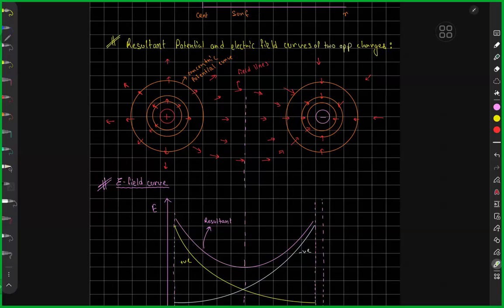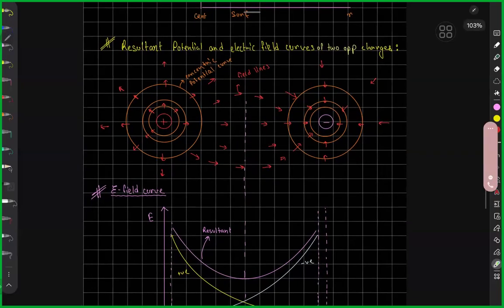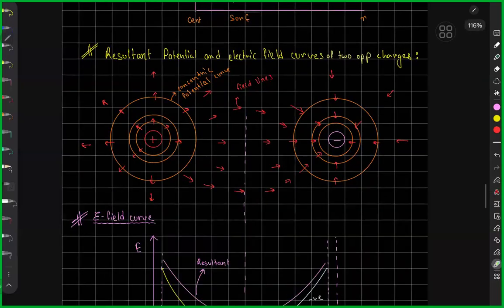Any question on that? Okay. So one is the concentric potential curve. The other is the arrows. The arrows represent the field lines. I've shown you how ideally you should draw the field lines, somewhat like this.